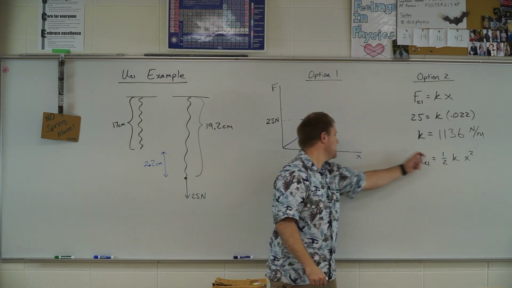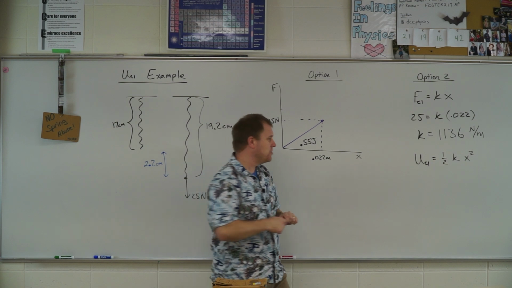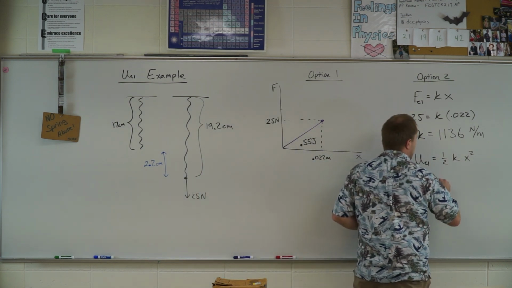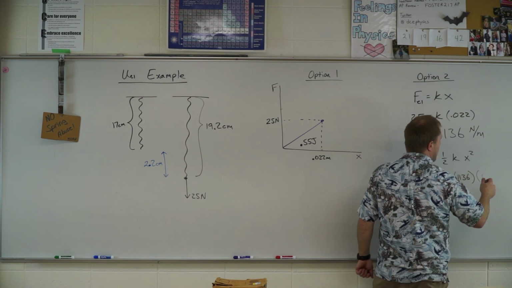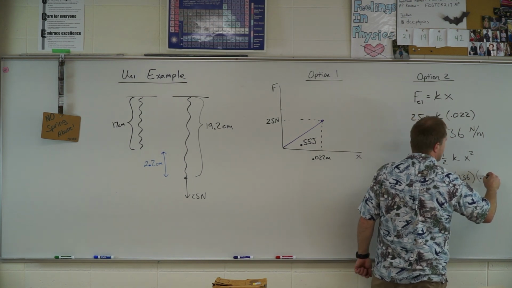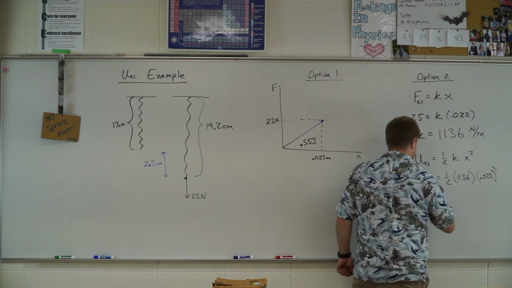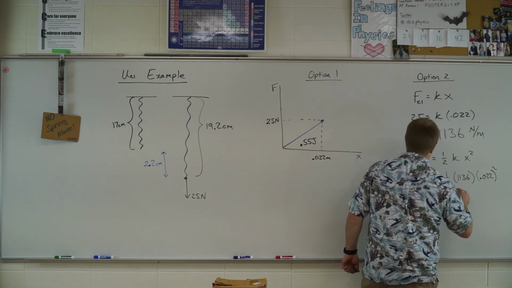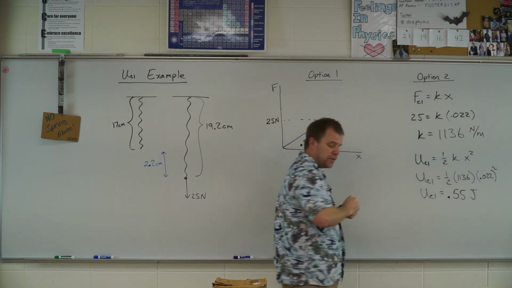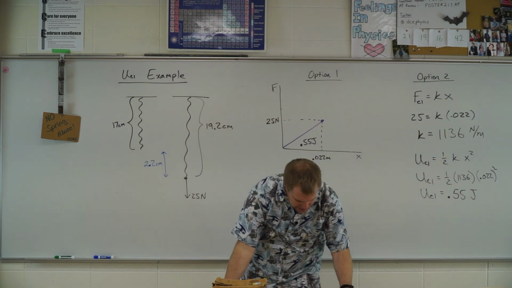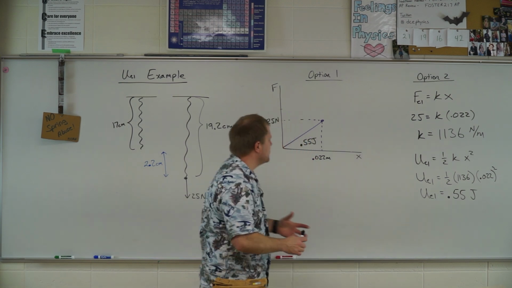And this will give me this same result of that 0.55 joules. So if I plug this in, 1/2 times 1136 times my x value, which was 0.022 quantity squared, I will get that same 0.55 joules.